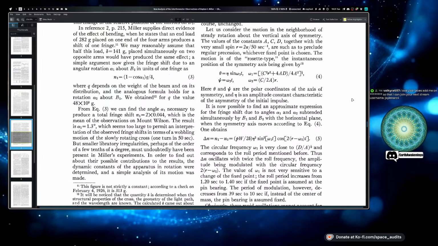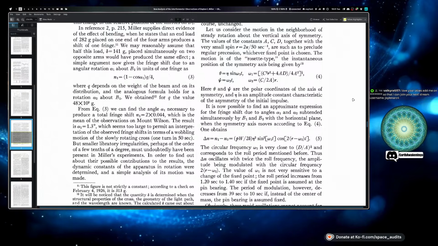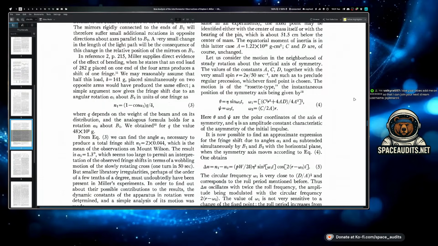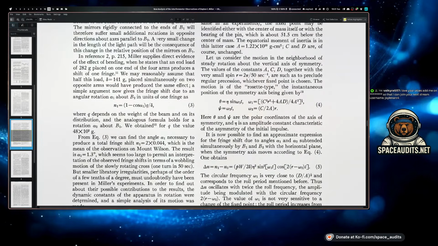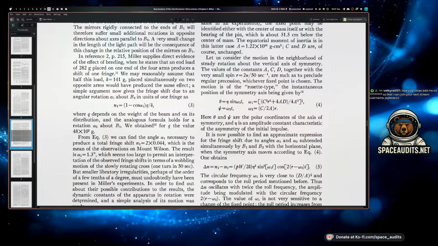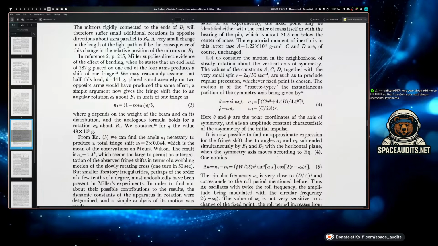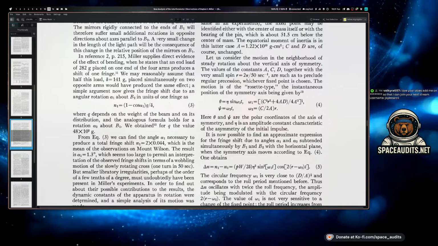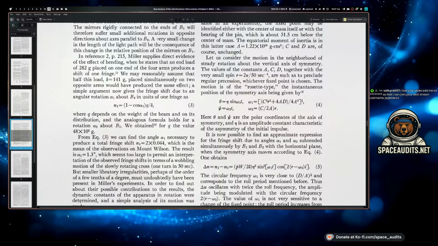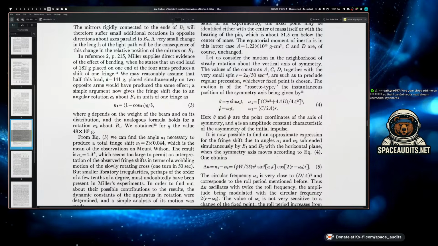Let us consider the motion in the neighborhood of steady rotation about the vertical axis of symmetry. The values of the constants A, C, and D, together with the very small spin rate of 2 pi over 50 per second, are such as to preclude regular precession, whichever fixed point is chosen. The motion is of the rosette type.